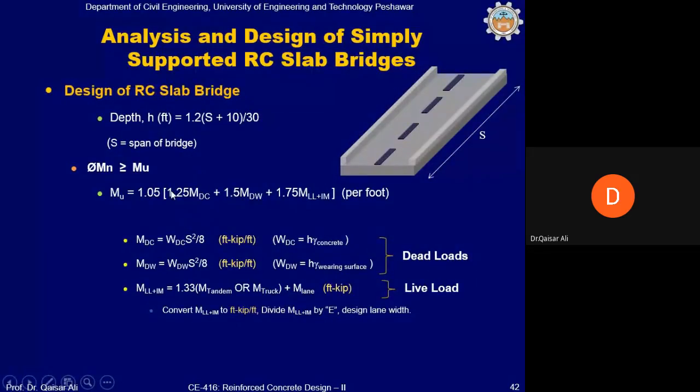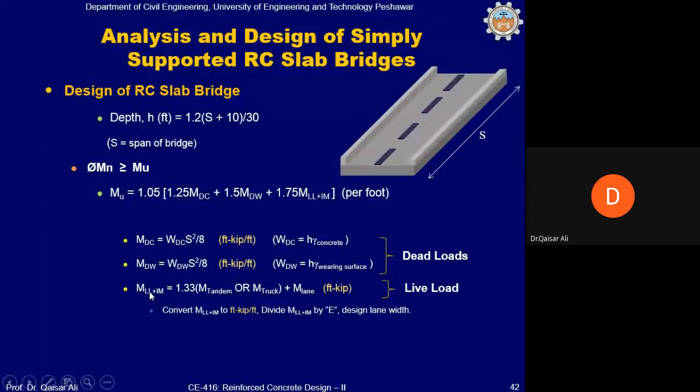MDC is calculated as WDC, the self weight of the bridge, multiplied by S squared, the span length, divided by 8 because it is a simply supported bridge. And WDC is h times gamma of concrete.